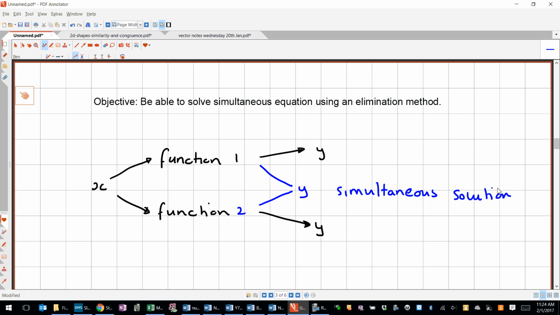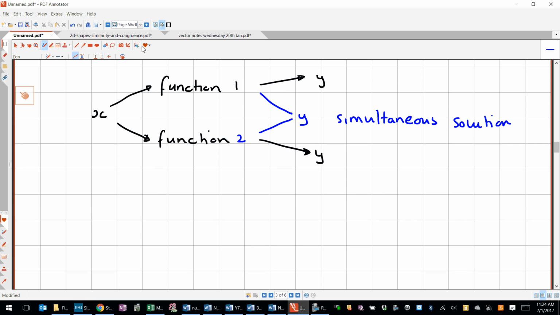Now what we've already discussed is, how does that look if we are drawing the graphs? Well, if we have function 1 and function 2, so let's say that's function 1, this is function 2, the solution would be here, so the x and y values would be the coordinates of where the two lines cross.